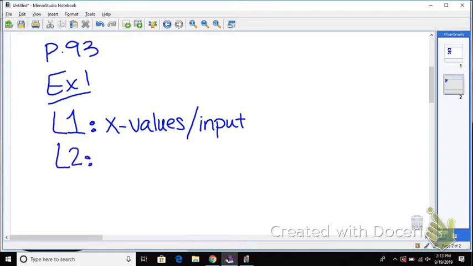L2 is going to be our Y values or our output. So one of them is going to be our independent variable and one's our dependent variable.